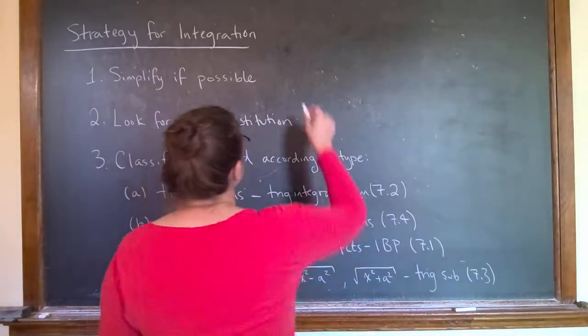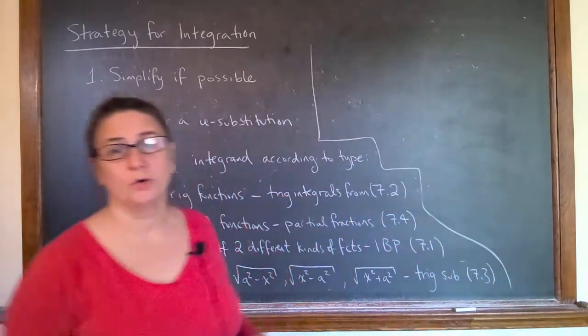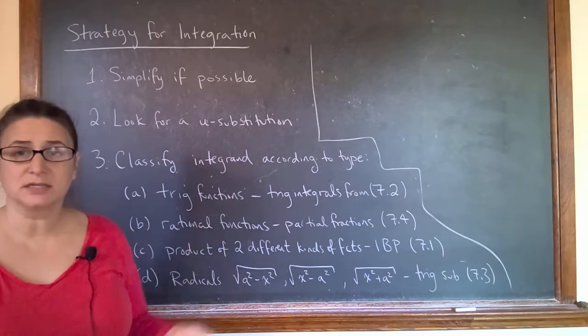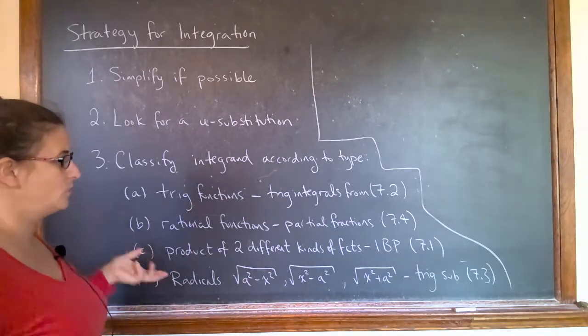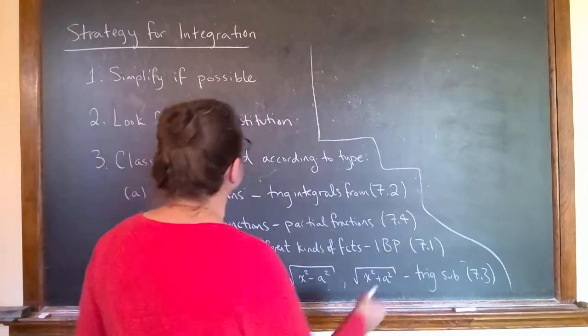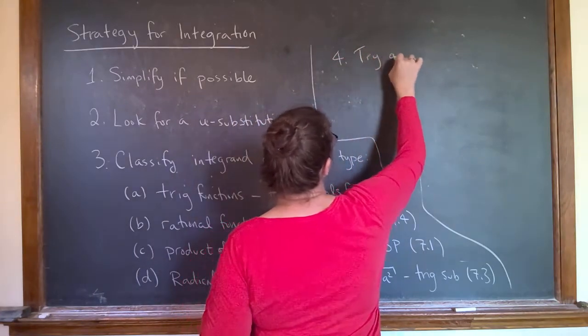Okay, so if you've chosen one of these, tried it out and got stuck and can't get further, or made your problem worse, you have to go back and try again. So say that didn't work. Step 4 is try again.